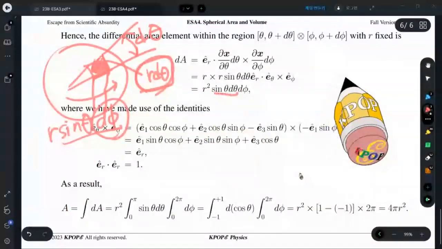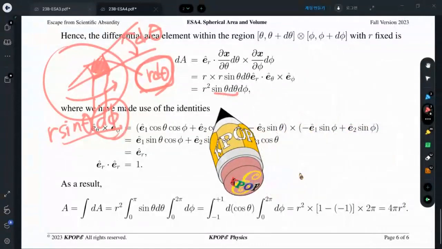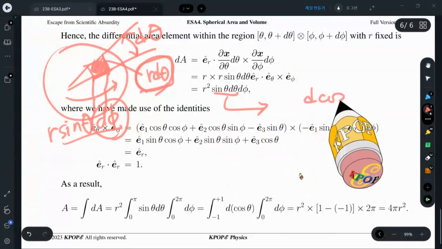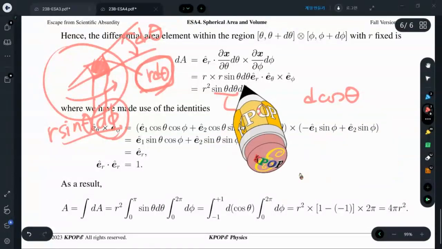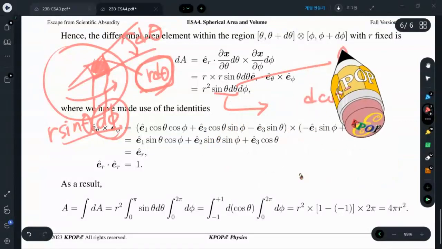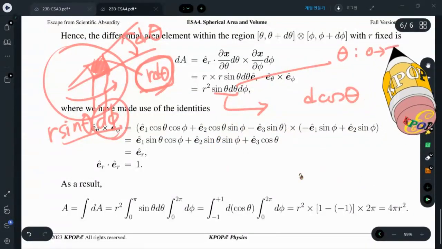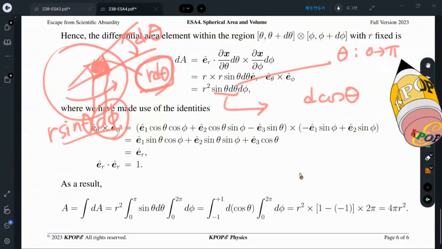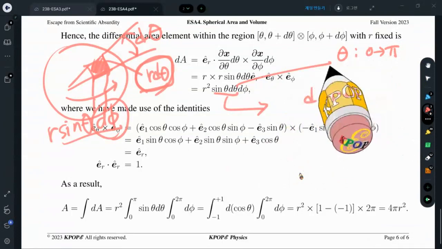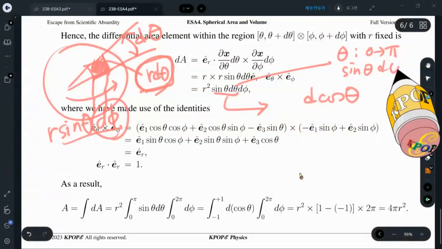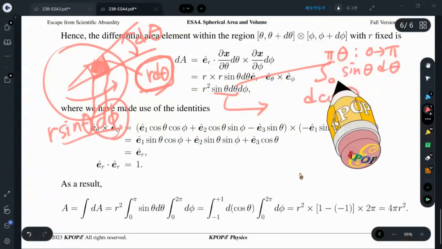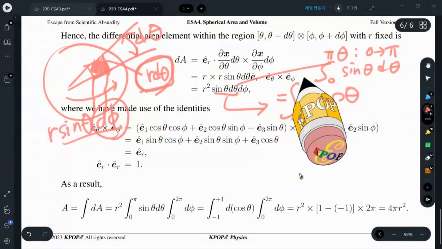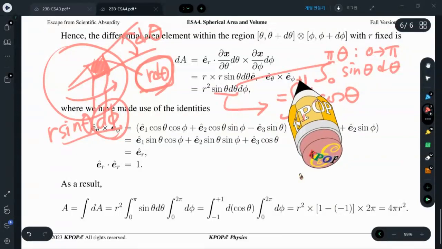And sine theta d theta can be computed in a simple manner, but a more convenient way is to replace it by minus d cosine theta. Let theta run from 0 to pi, but at 0 cosine is 1 and at pi it is minus 1. So the integral of sine theta d theta from 0 to pi is equivalent to evaluating the integral from minus 1 to plus 1.